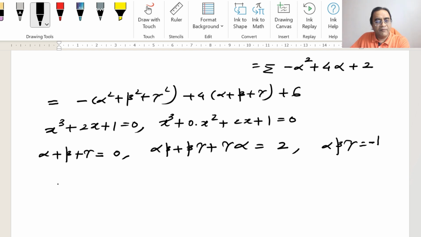Now we want alpha square plus beta square plus gamma square. Alpha plus beta plus gamma we already have. So let's take the square of alpha plus beta plus gamma.